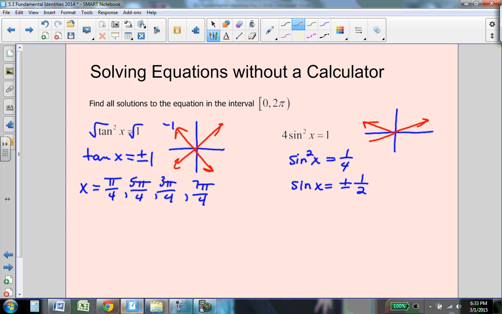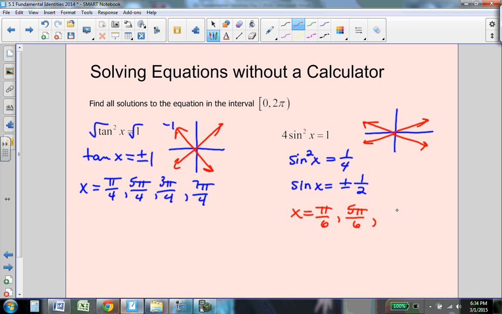Those, of course, are pi over 6s. So the first one over there is pi over 6. Working our way around to the second one, we get 5 pi over 6. Those both have a sine value of positive 1/2.